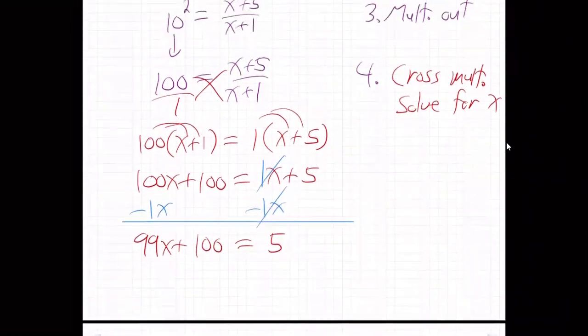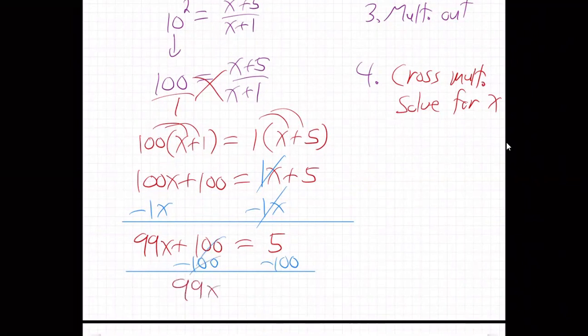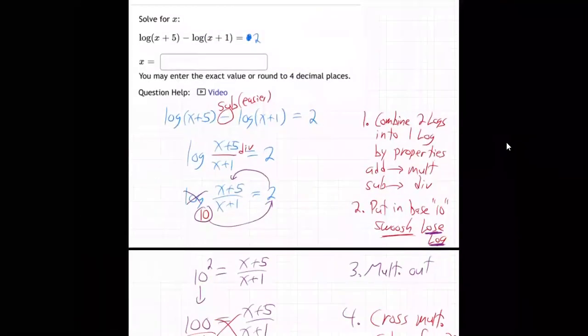Trying to keep going to solve for x here. Subtract 100 from both sides. Boom, boom. So we get 99x is minus 95. Last step. Divide by 99. There it is. x equals minus 95 over 99.